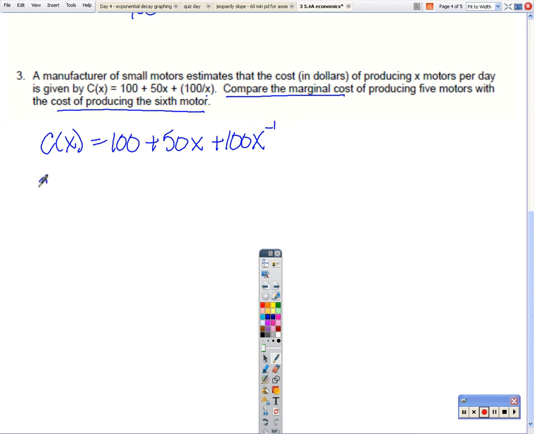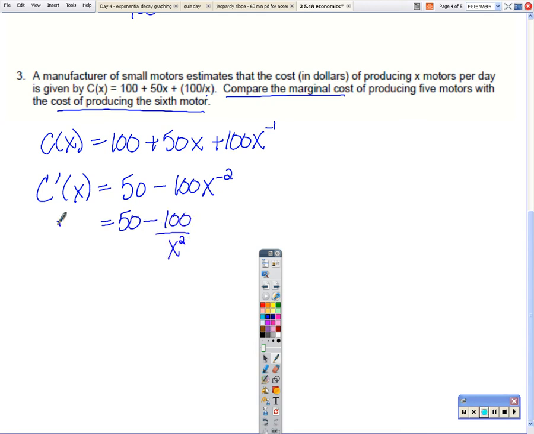So now my marginal cost, the derivative, is 50 minus 100x to the negative 2. And I'm going to rewrite that so that my exponent is positive.